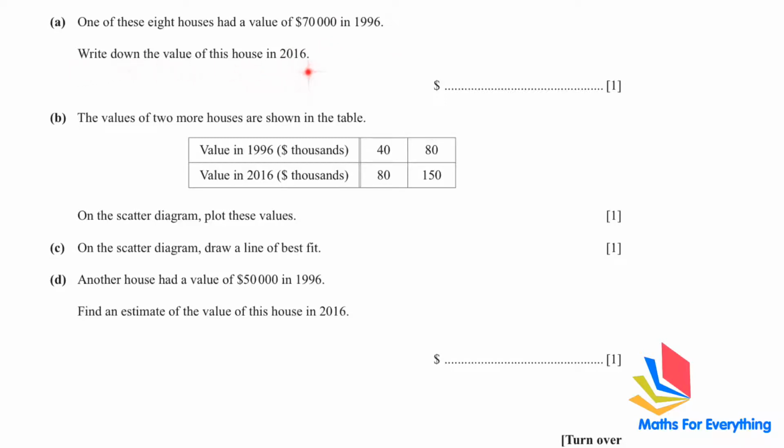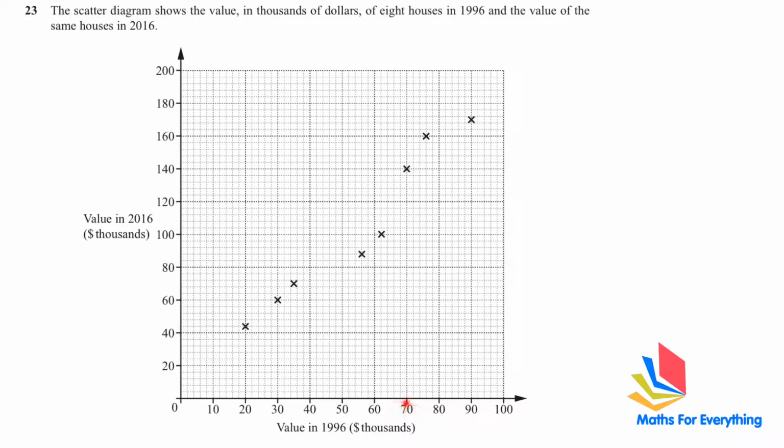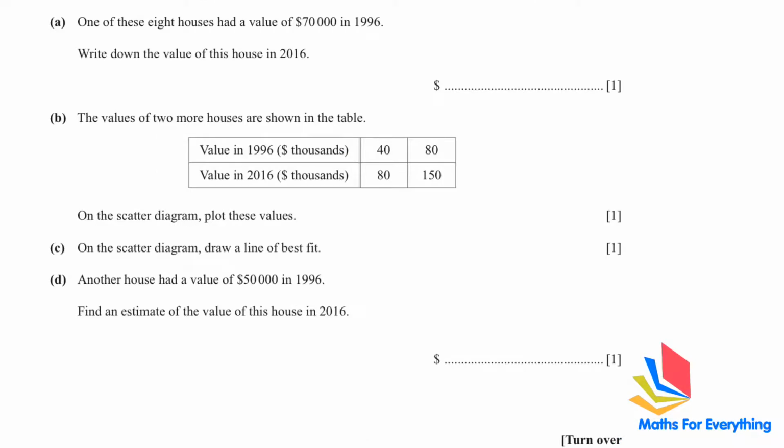Write down the value of this house in 2016. So $70,000 is here, and what is the corresponding value in 2016? 140. So the answer is 140. But remember, it is in thousands, so you have to write the triple zeros.